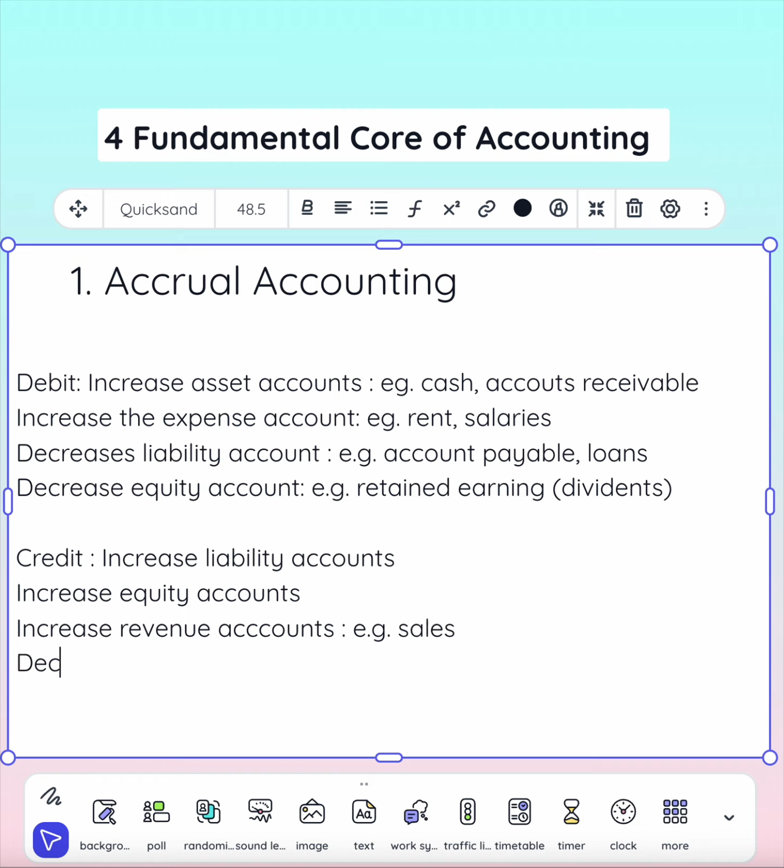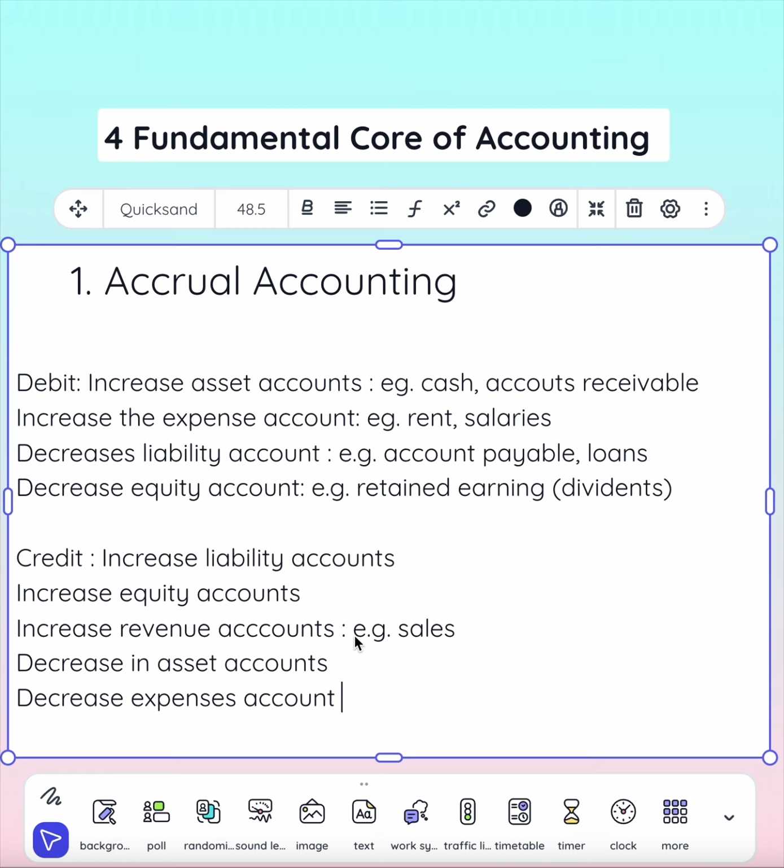Then you have a decrease in asset accounts, and a decrease in expenses accounts. So you see the difference between debit and credit.